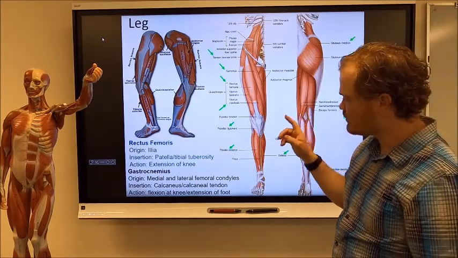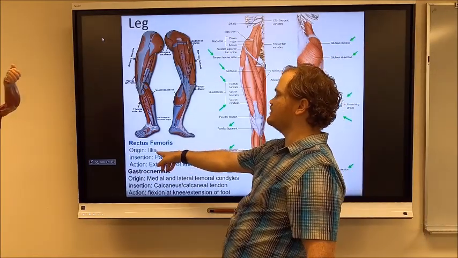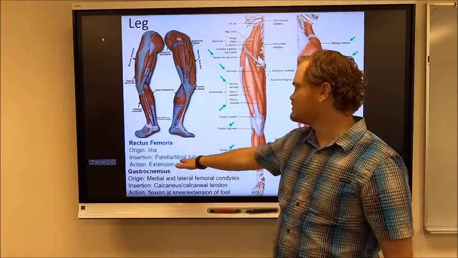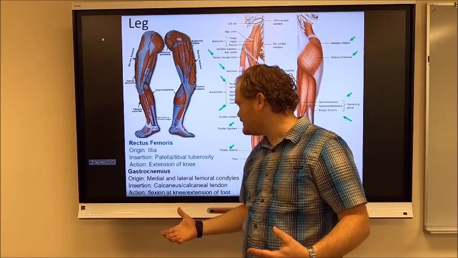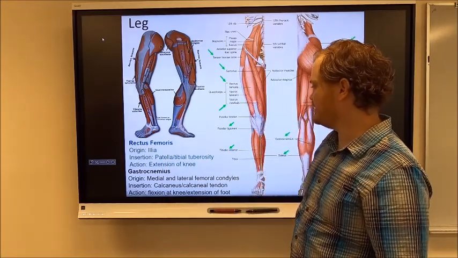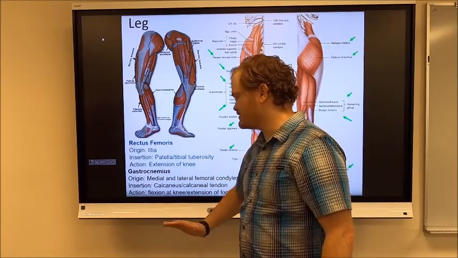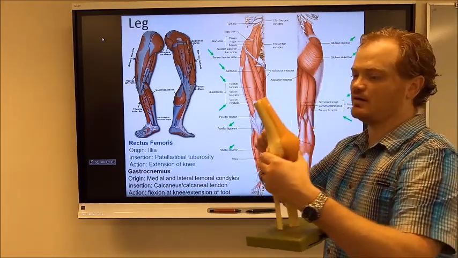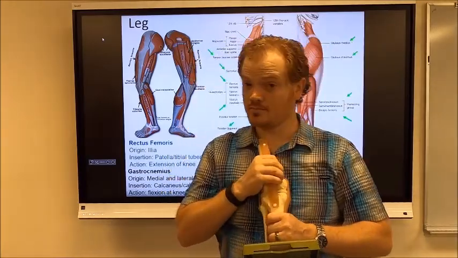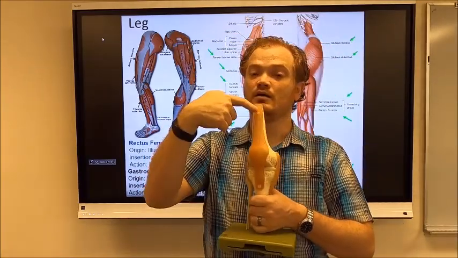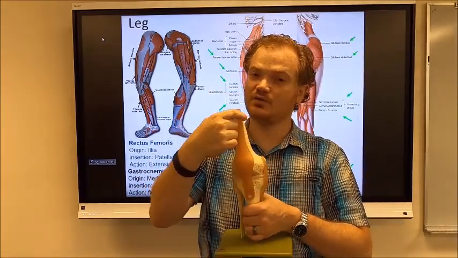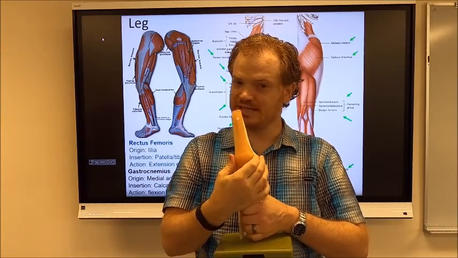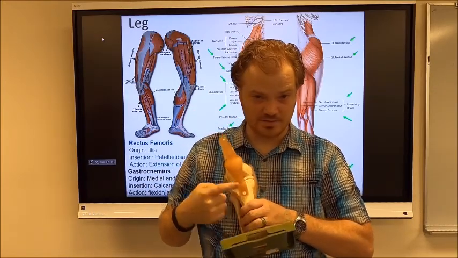Now, the rectus femoris has an origin on the ilia of the pelvis, an insertion on the patella or tibia, and this is kind of complicated, and then its action is to extend the knee. So you can imagine, I've got my nice knee model here. Pay attention. Tendon of the rectus femoris, patella, patellar ligament.